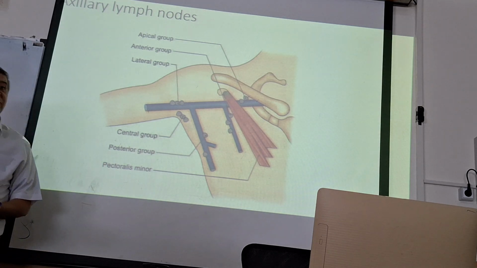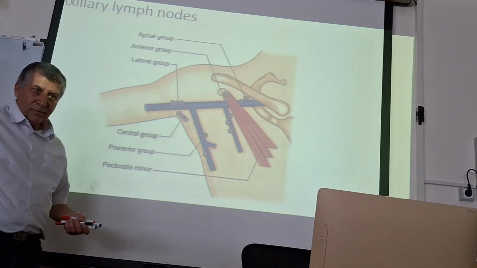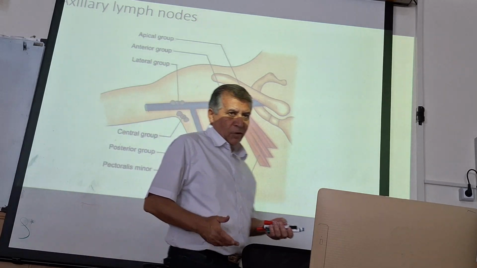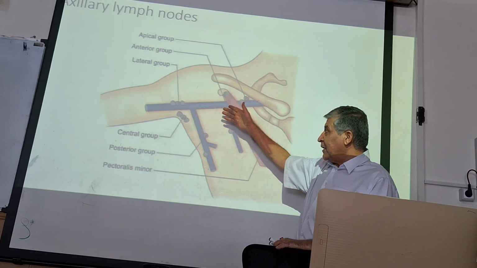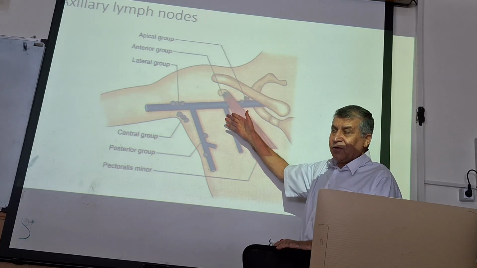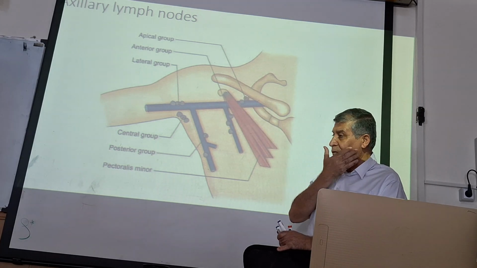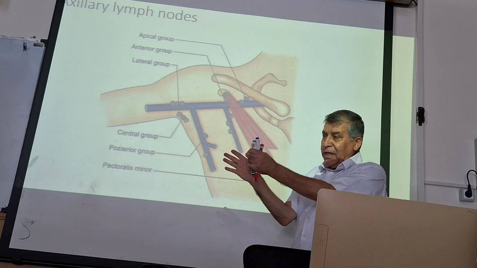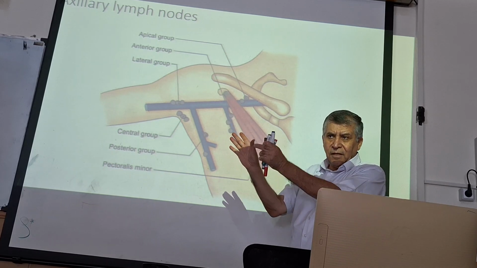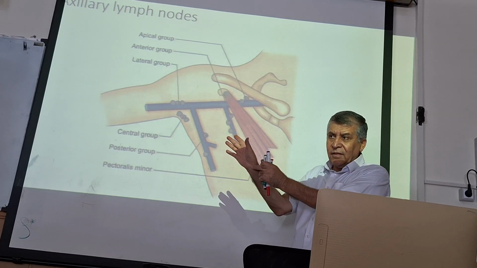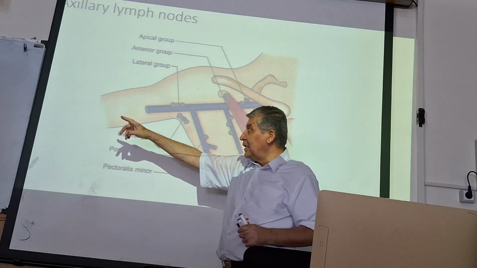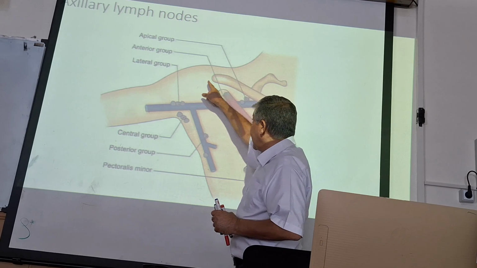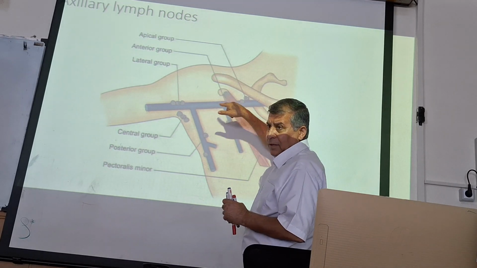It drains lymph of the skin of the back, the posterior part of the body. All lymph drains into the central and apical lymph nodes. But lymph of the tongue drains directly into the apical group.